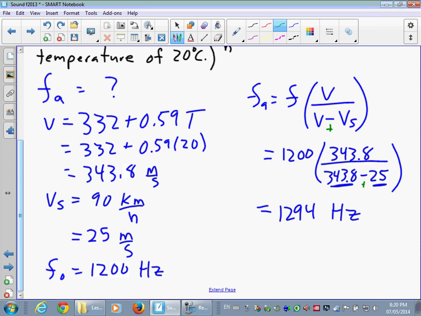A quick calculation there: 343.8 plus 25 is 368.8, which gives about 1119 hertz if receding.